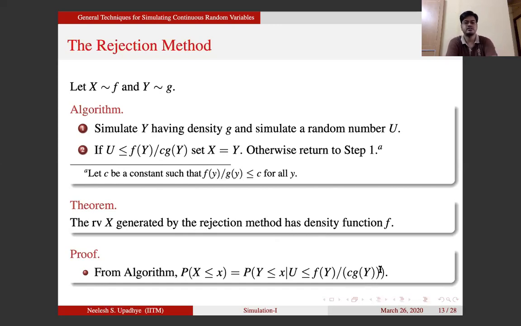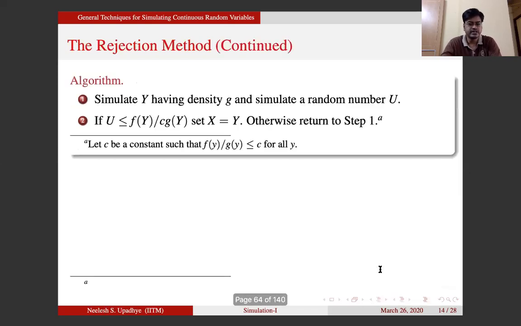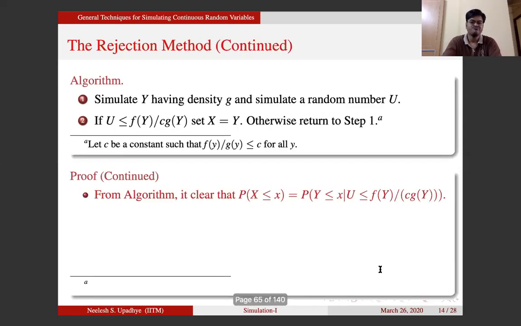Once we understand this, the proof is very simple. So let us try to prove it again. It is clear from the algorithm that this is satisfied in the first run. Once this is satisfied, I need to show that this particular x has density f.